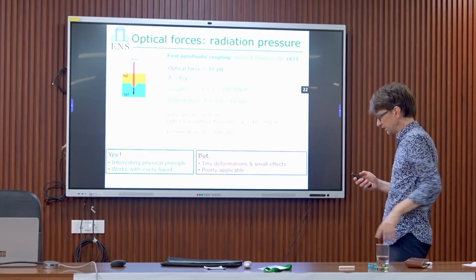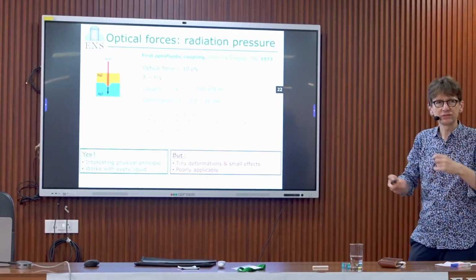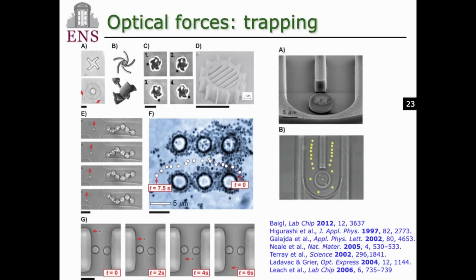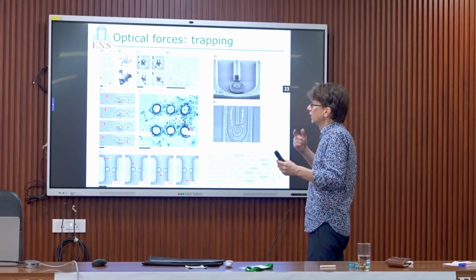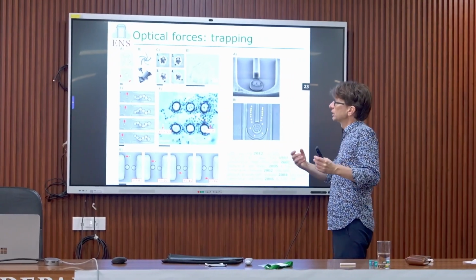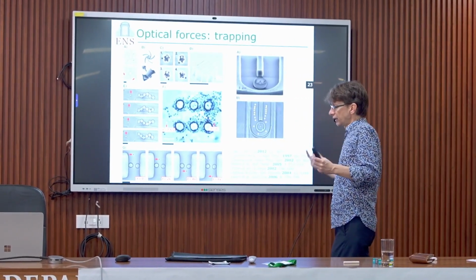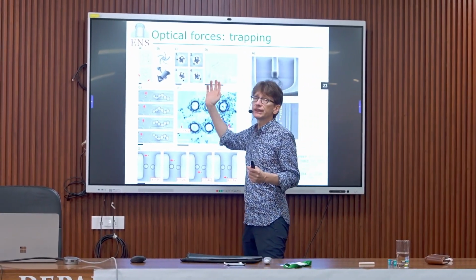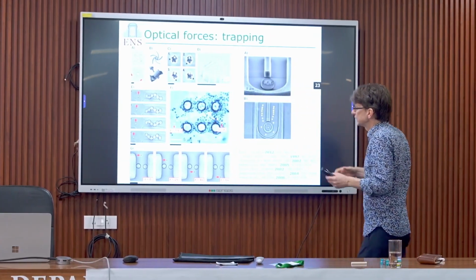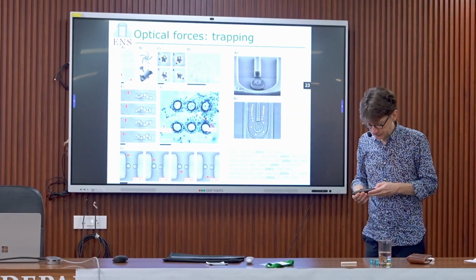It was done many years ago, but you are very far from manipulation. With this idea of optical coupling, you can use optical tweezers to trap particles, but you can also use angular momentum to make things rotate. There are people who did this, especially David Grier in the US.